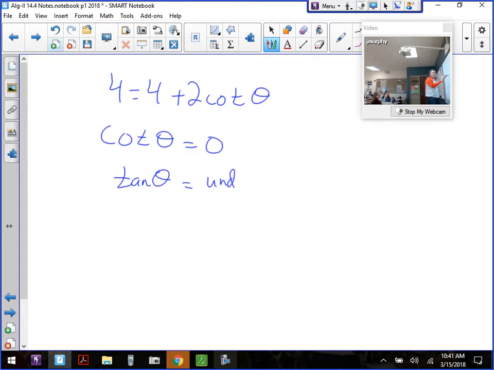That means it's your y over x, where x is 0. So now you're at a quadrantal. Where is tangent undefined? Remember when we found tangent before, you're looking at values of x that are equal to 0. It's equal to 0 at pi over 2 and 3 pi over 2.